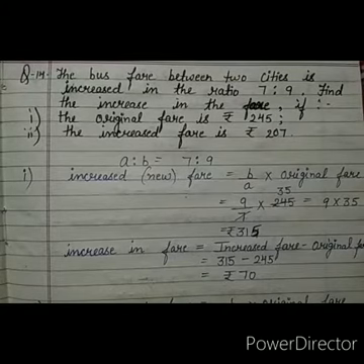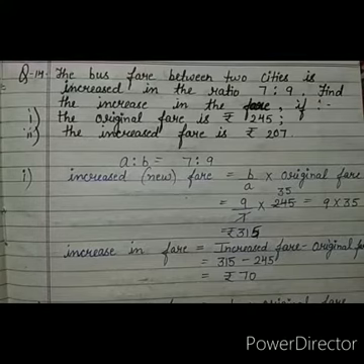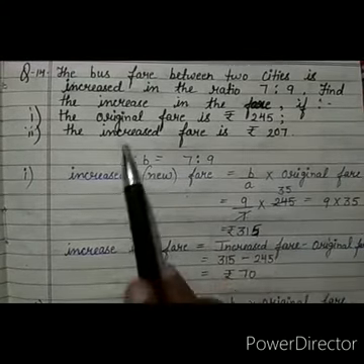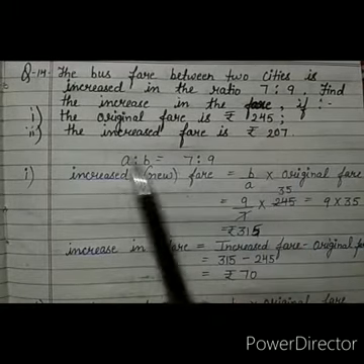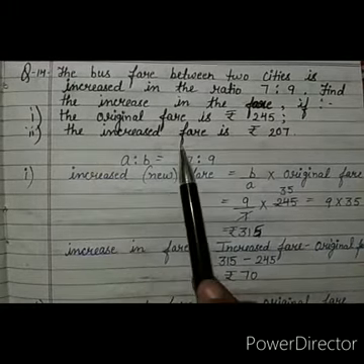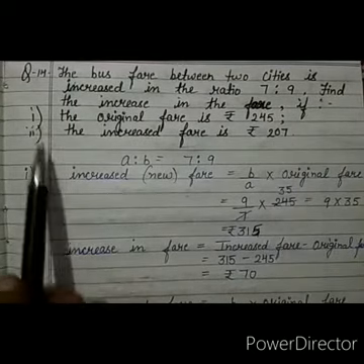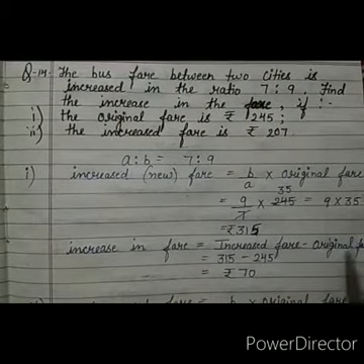Now the next question is question number 14. The bus fare between two cities is increased in the ratio 7 is to 9. Find the increase in the fare if the original fare is rupees 245 and the second part is the increased fare is rupees 207. So we have two parts, and in both the part we have to find increase in the fare.